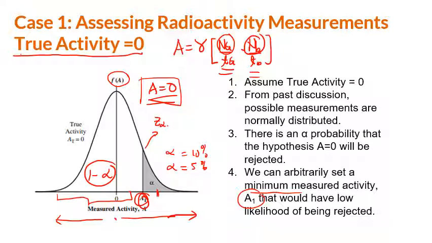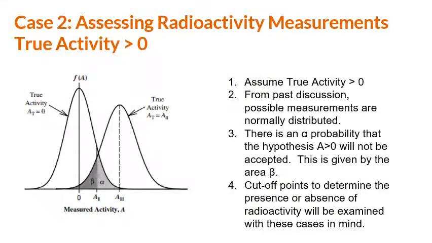Ibig sabihin, significant na kasi nasa alpha regime ka na, nandito ka na sa area na ito, nasa maliit na probability ka na kapag lumagpas ka sa threshold na A1. So, ibig sabihin, meron ng activity and then we can reject the null hypothesis na A equals 0.